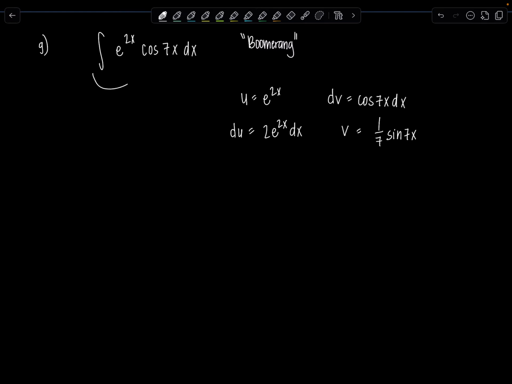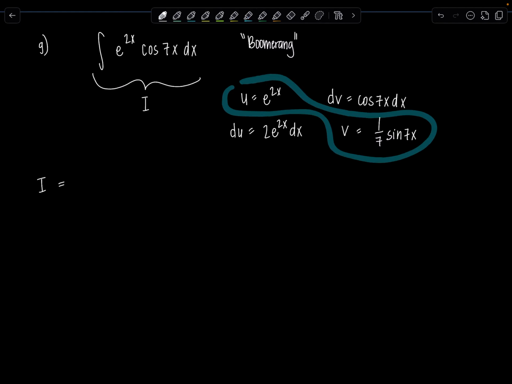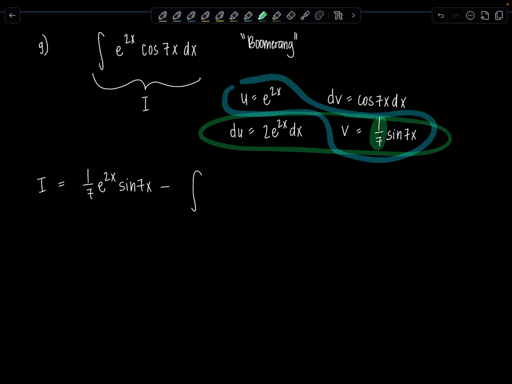So this integral that I'm solving for, I'm going to call it I. It's equal to uv, so that's 1/7 e to the 2x sine 7x minus integral v du, and I'm going to take 2 times 1/7 outside here. And then I have e to the 2x sine 7x dx.